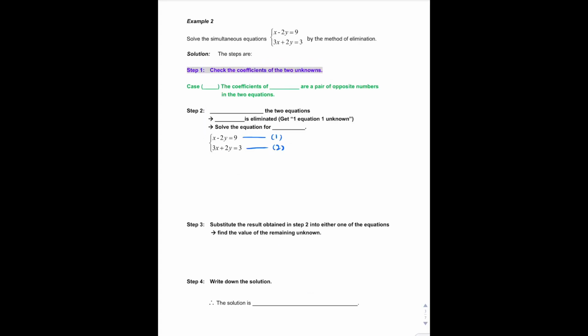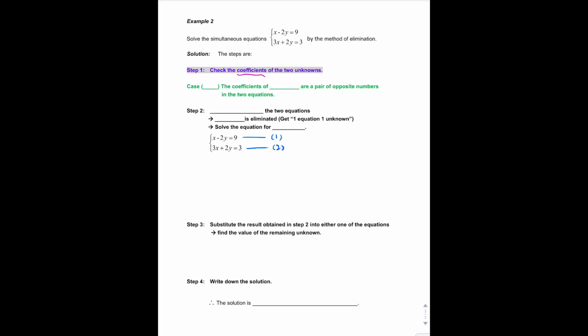Let's study some more examples of using the method of eliminations to solve simultaneous equations. For these questions, still, we label them as equation 1 and equation 2. For this case, check the coefficients of the two unknowns.